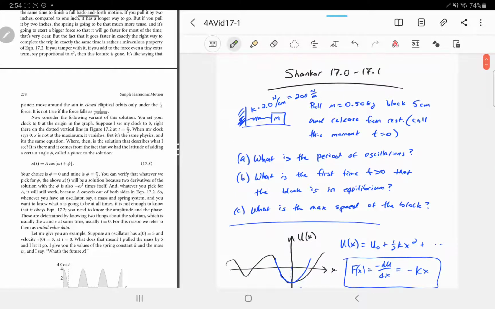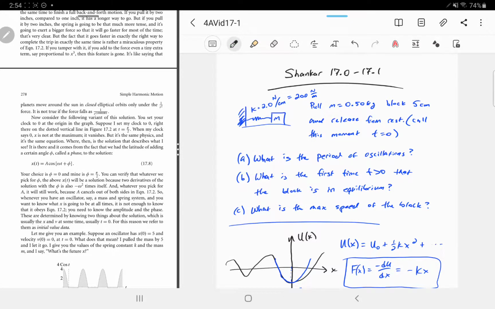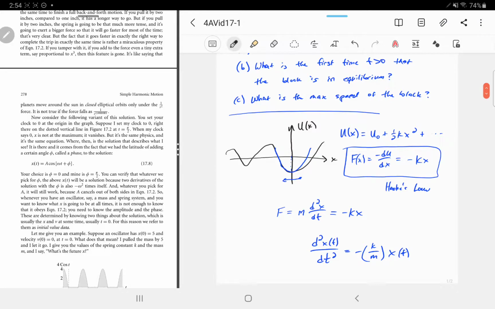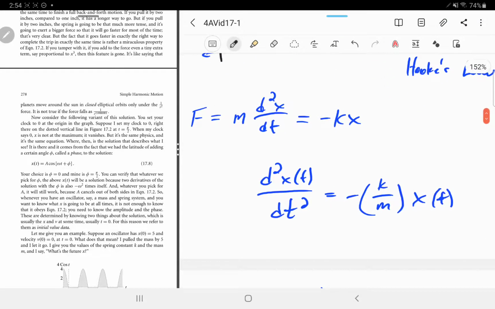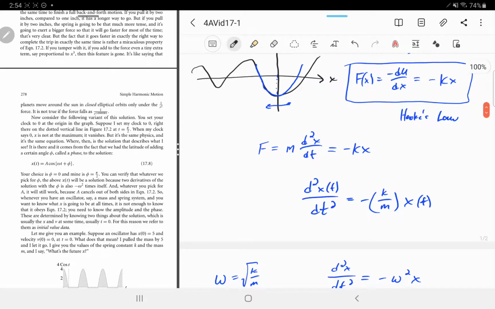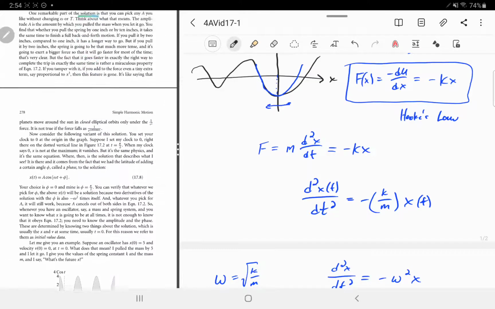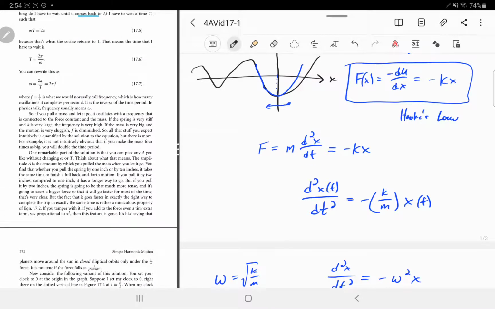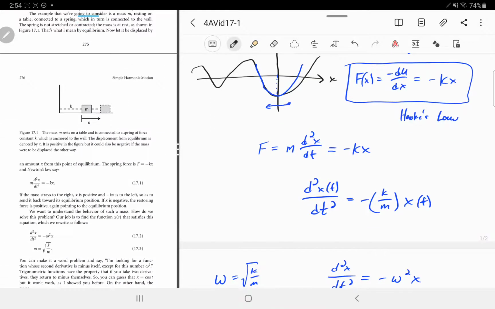Okay, so we're almost in a position where we can do this problem, but we need to talk about energy first. So like I said before, there are no non-conservative forces here. So in simple harmonic motion, we haven't included what's called a damping term. Your book covers this in a later section, how to deal with damping. So we're not going to talk about that in this course, but you'll see it in a course very soon.